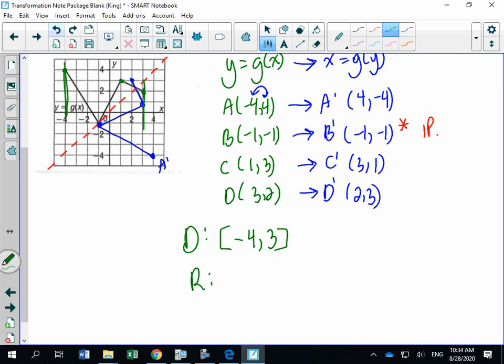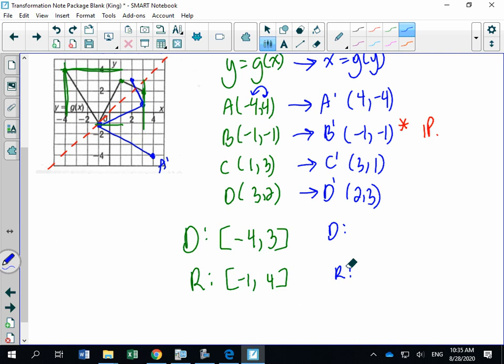And the range of my original function, the biggest y value was 4. And the smallest y value is down here at -1. Okay. Now what I want you to do is see if you could figure out the domain and range of the inverse. And there's something interesting you should notice with the domain and ranges. Okay, so let's do the domain and range of the inverse function.